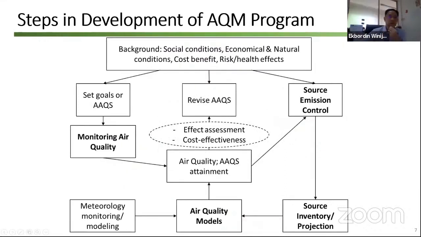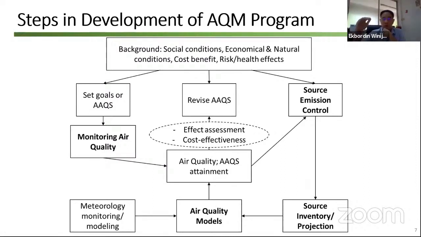Okay, to put it in more detail, because last time we talked about air quality management, and now we're talking about the steps. The first step to develop an air quality management program in any location is that we need to collect the background information. This background information covers the social condition, economic condition, the cost benefit of any control option that we will use, and the health impact on the people.